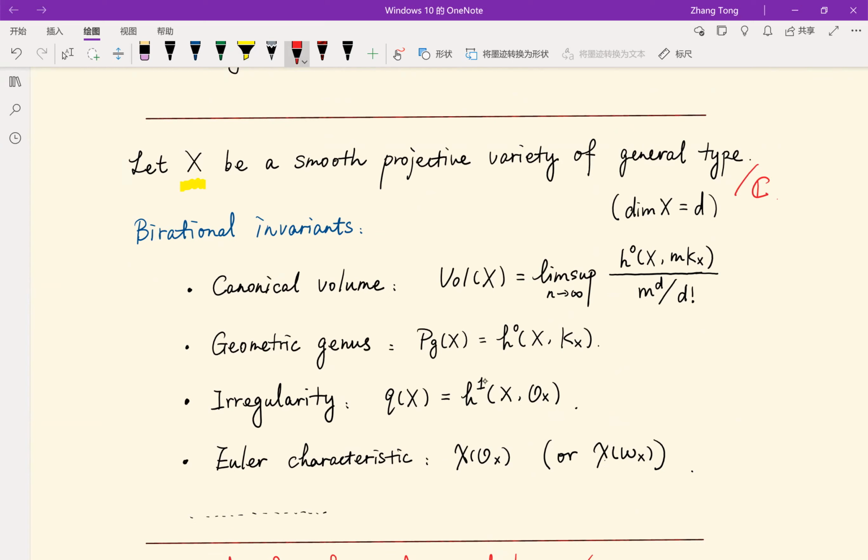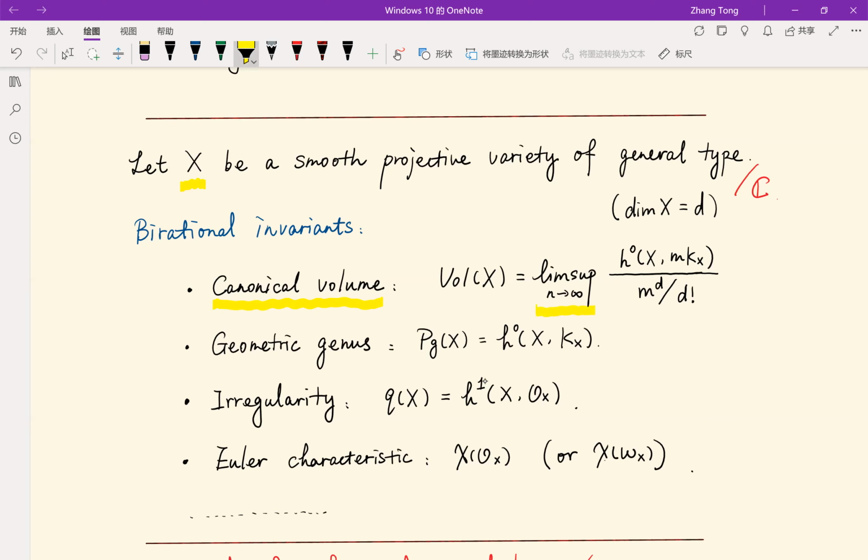The first one is the canonical volume. In some research papers, they call it volume, and here I write canonical volume. What is the canonical volume? It is defined as a limsup of a ratio.